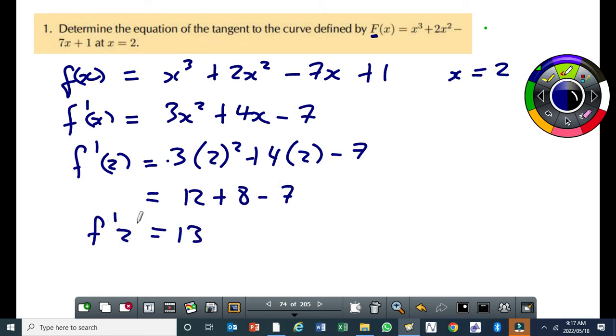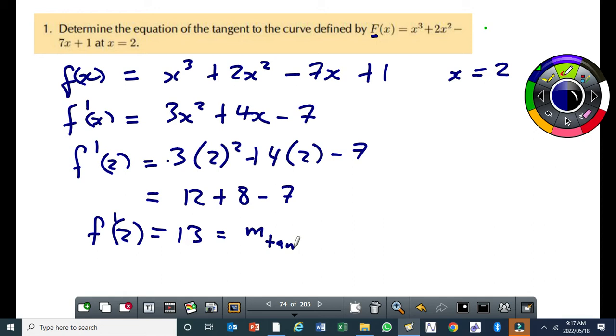So the value of the gradient where x is 2 is equal to 13. This gradient is equivalent to the gradient of the tangent, because x equal to 2 is the point of contact.